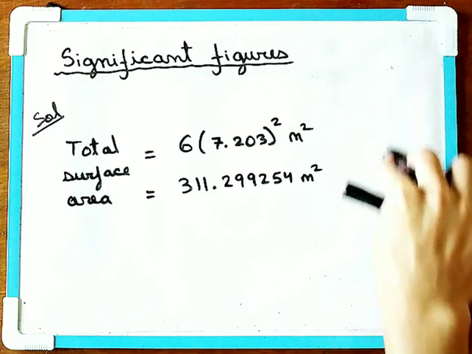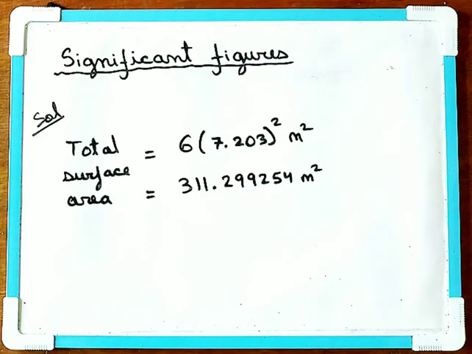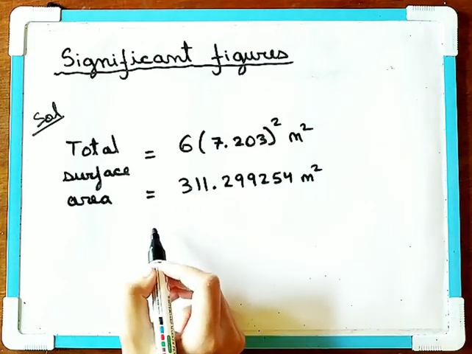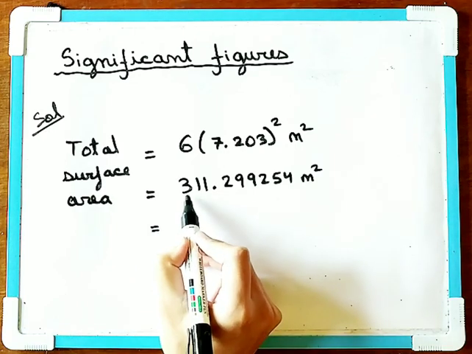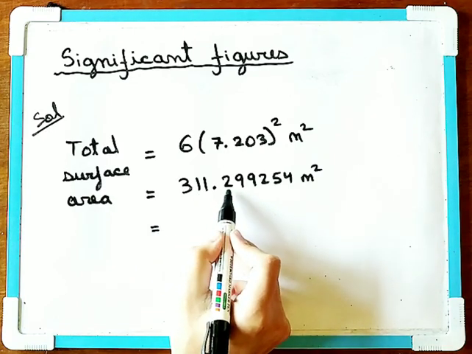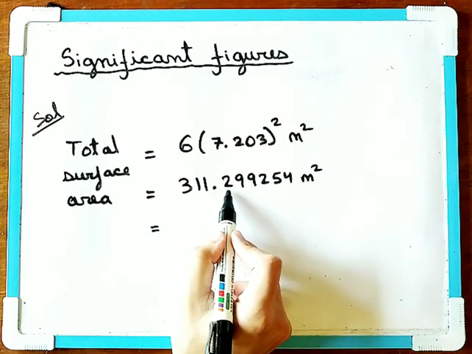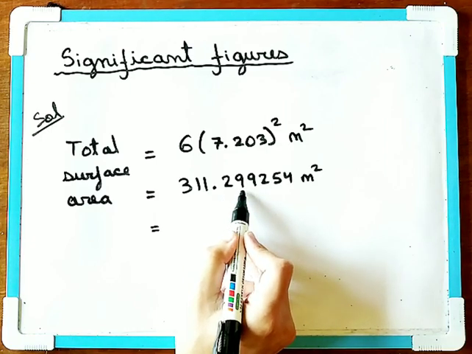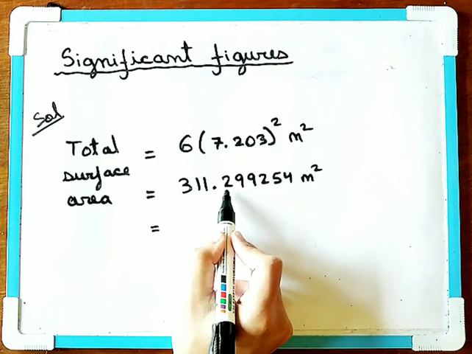And how we do that, we use the rule of rounding off. Here we have 1, 2, 3, 4, so we'll write up to here. We look at the next digit. If this is greater than 5, then we'll have to add. So 9 being greater than 5, you add 1 to this 2.